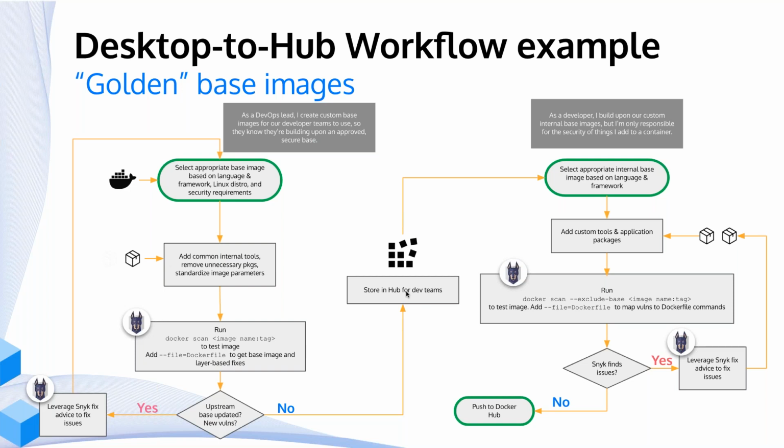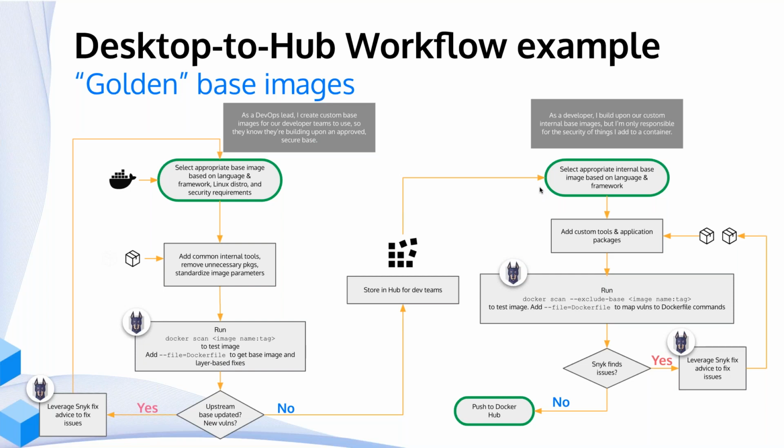And depending on how you're using tagging, the developers will always know when there's a new tag and which tag to use and those type of things. And then the other side on the right side of this screen is the developer. It's the same kind of scenario I talked about before, but the developer's only worried about their application code. So they're going to select the appropriate base image that the DevOps lead has created.